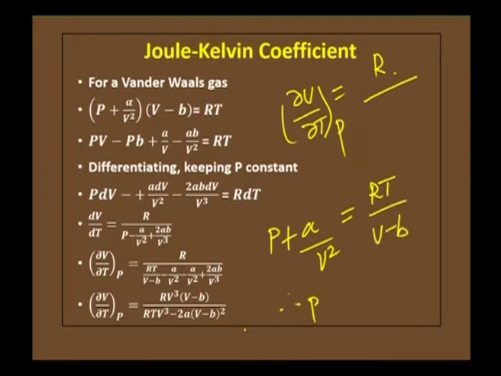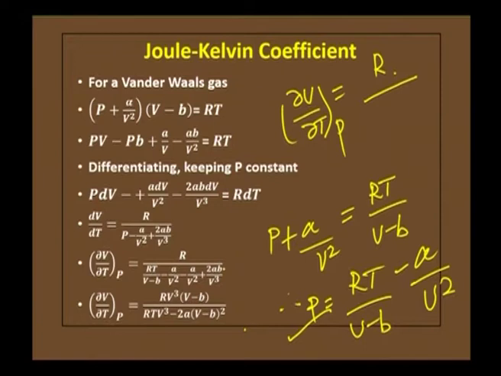So, P is equal to RT by V minus b minus a by V squared. In place of P, I am substituting this value, RT by V minus b minus a by V squared, again minus a by V squared, plus 2ab by V cube.